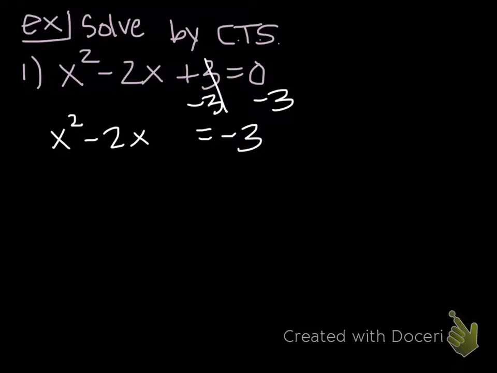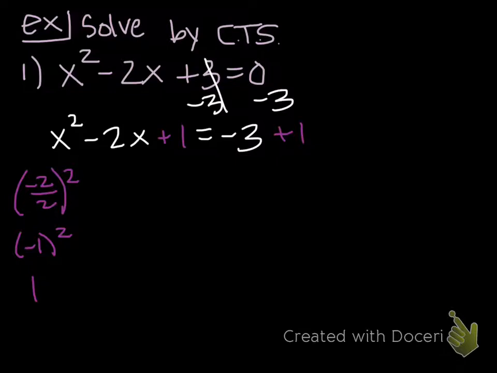I'm going to take half of my b value, and I'm going to square it. So I get -1. -1 squared is 1. I'm going to put that c value in that c spot. Now, because there's an equal sign, if I introduce a +1 on the left side, I've got to introduce the +1 on the right side to keep things balanced.